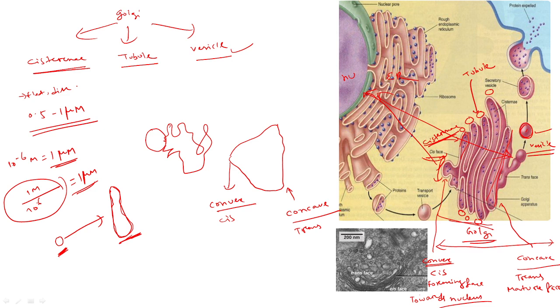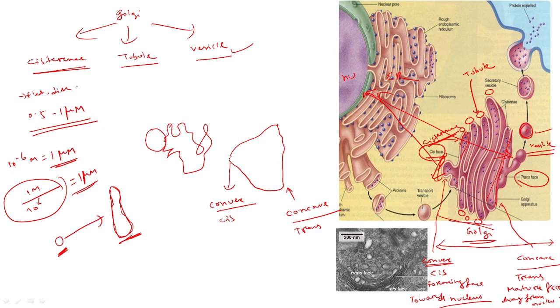So this is the cis face, this is the trans face. The cis is convex, the trans is concave, the cis is the forming phase and the trans is the mature phase, and the cis is towards the nucleus and the trans is away from the nucleus.